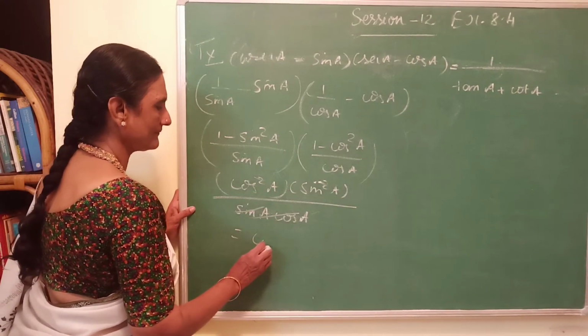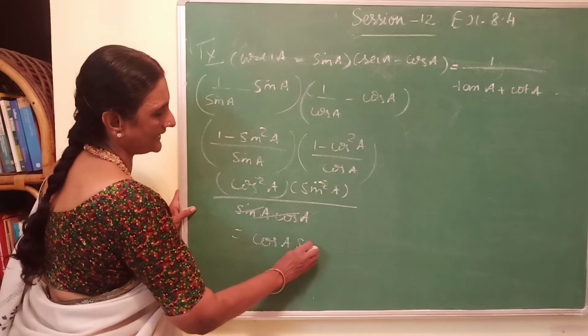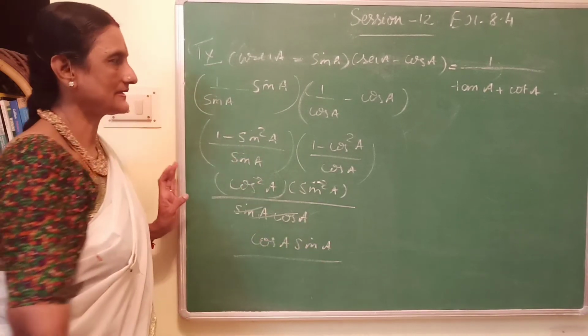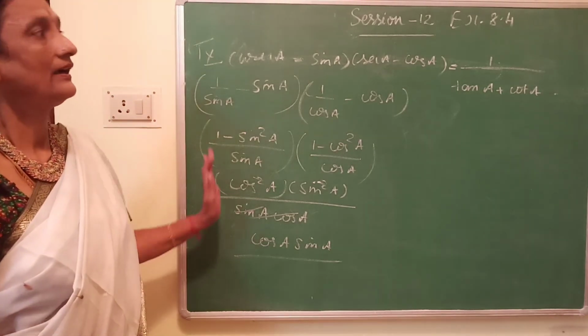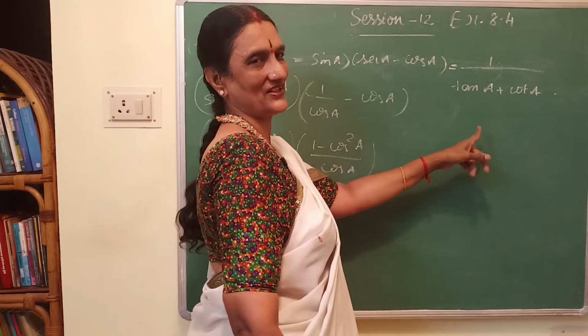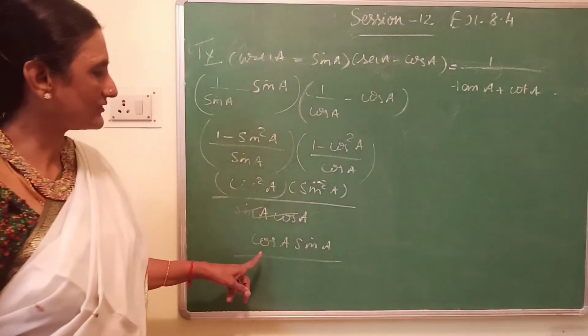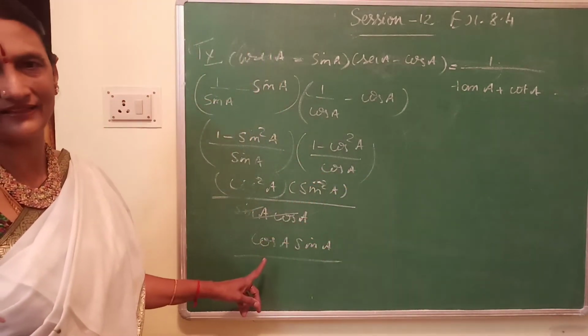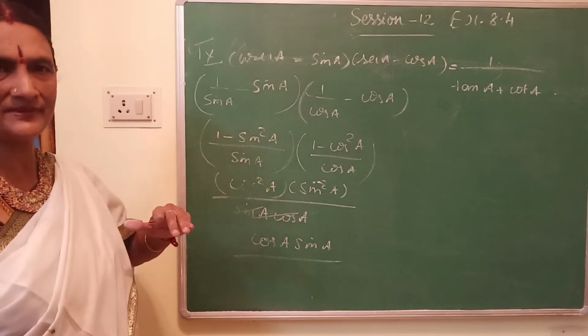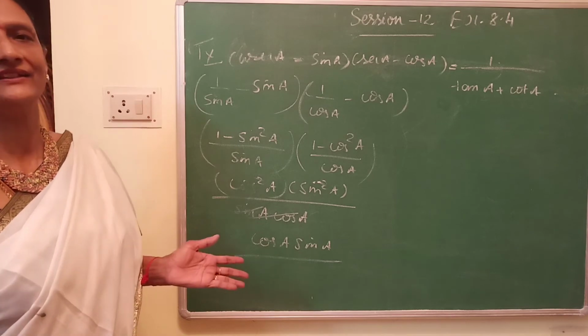So I am getting cos A sin A for the LHS. Coming to the RHS, here I am not doing any conjugation. Why? I have to have a form cos A into sin A. That is possible only if I rewrite the terms in terms of sin and cos.